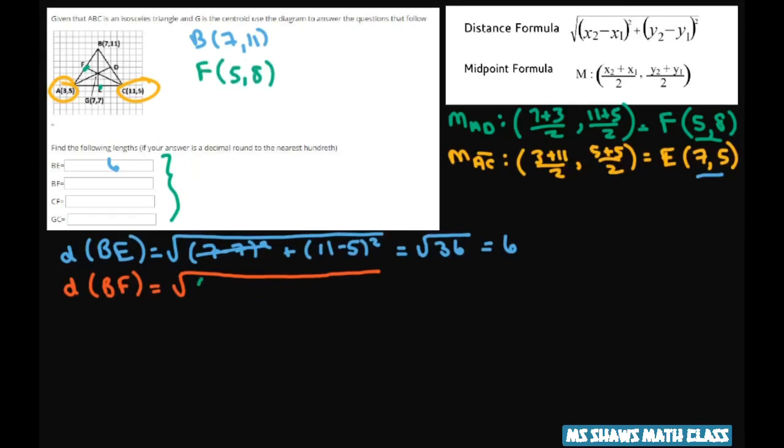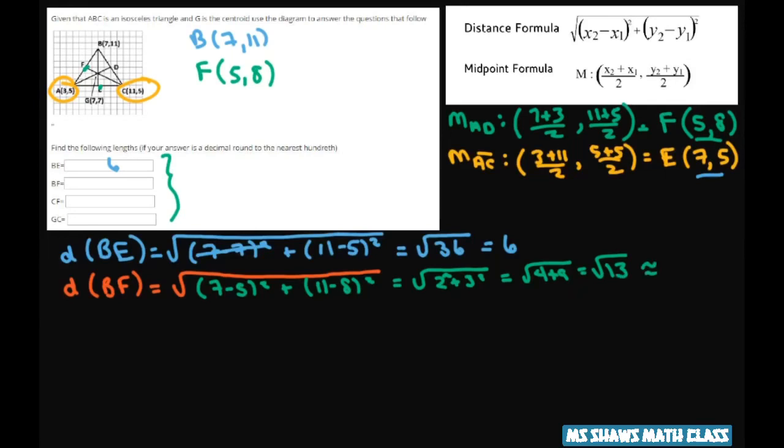We're going to do 7 minus 5, square it, plus 11 minus 8, square it. That gives you 2 squared plus 3 squared, which is 4 plus 9, which equals square root of 13.